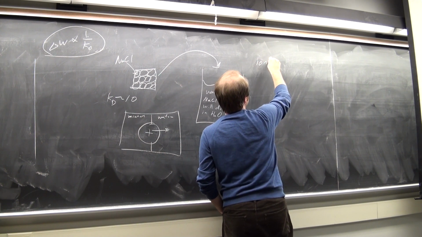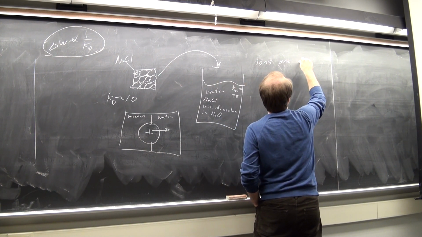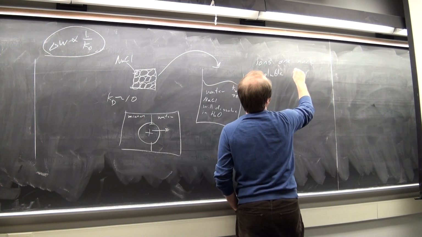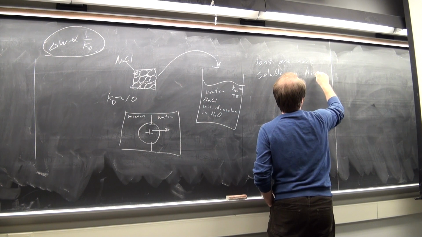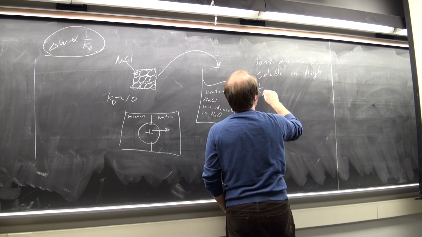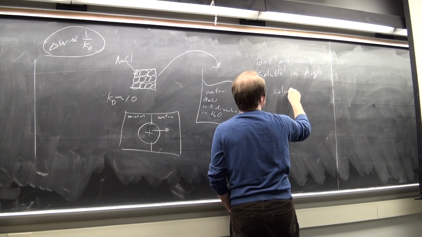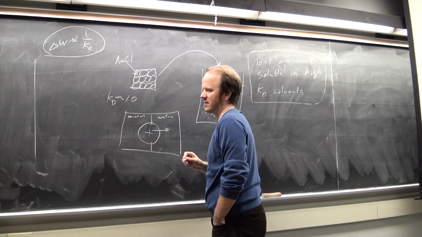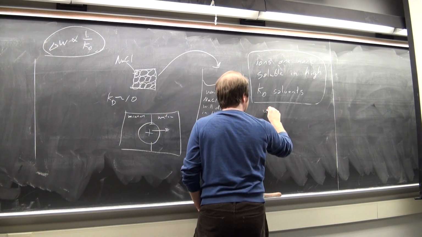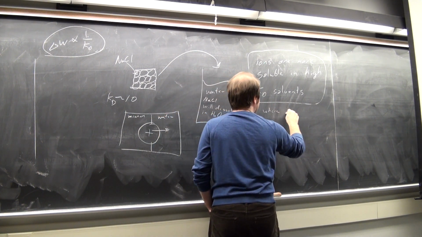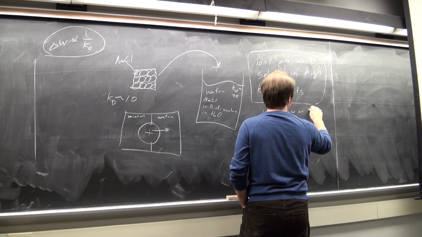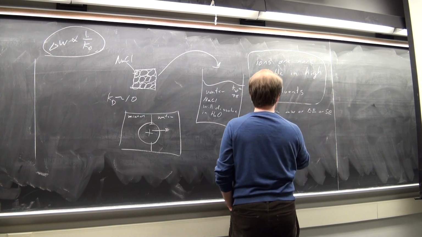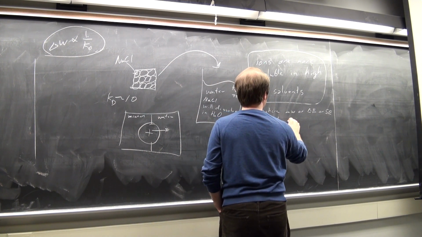Ions are more soluble in high Kd solvents. And then we can put where delta W, or Born energy, or self-energy is low.